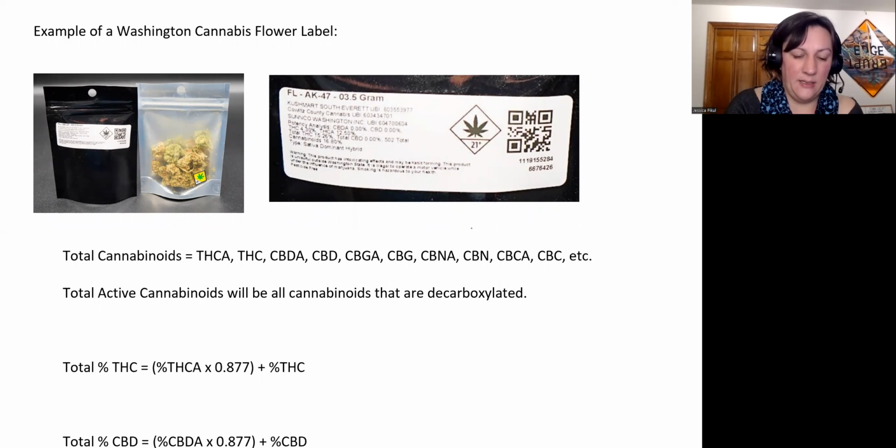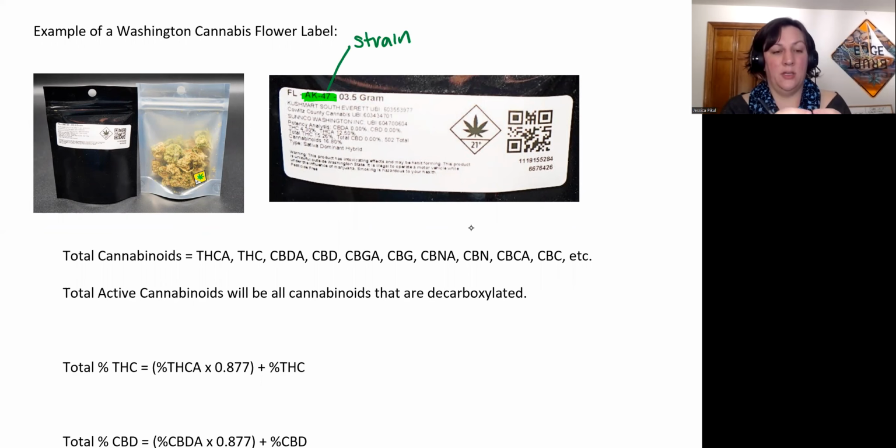I'm going to highlight a few things while we do this. So first of all, there is always going to be information about the strain. Here, in this case, this is AK-47. There's also usually information about the origin of that cannabis plant and an identifying number that tracks the grower to the extractor to the seller, if we're looking at like a cannabis concentrate.